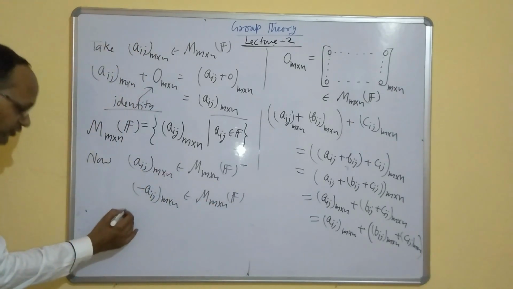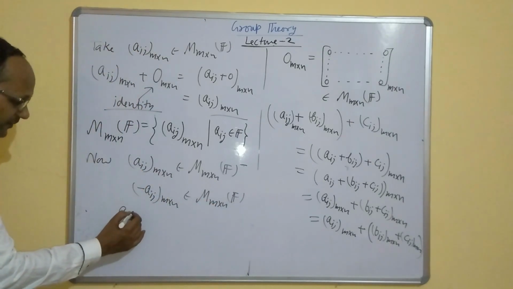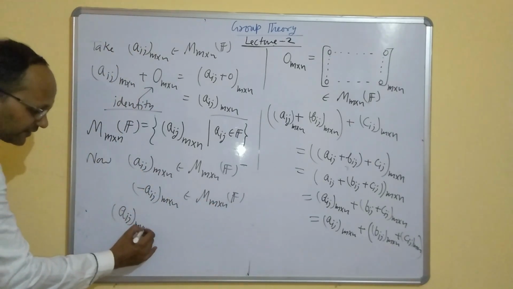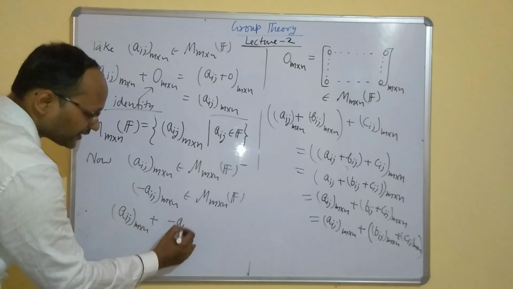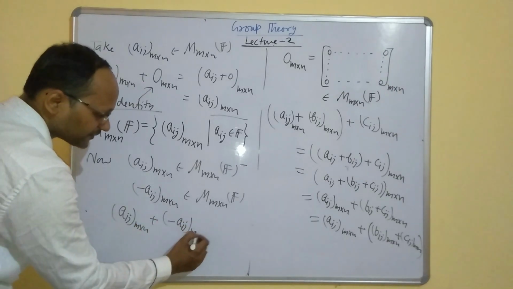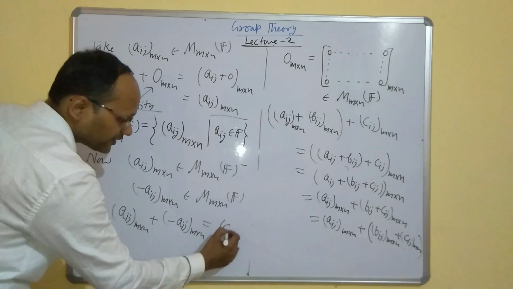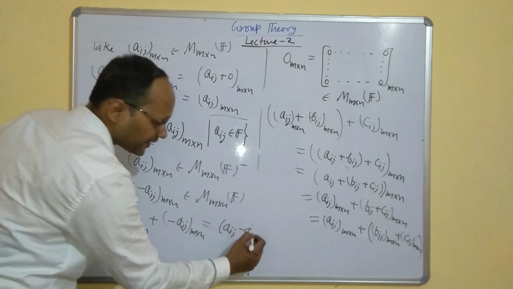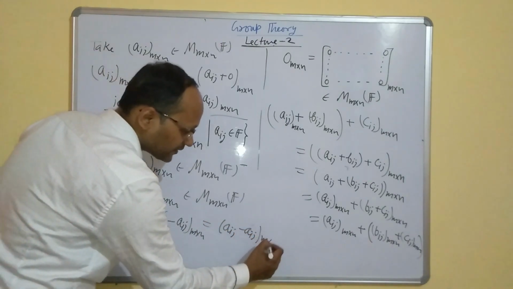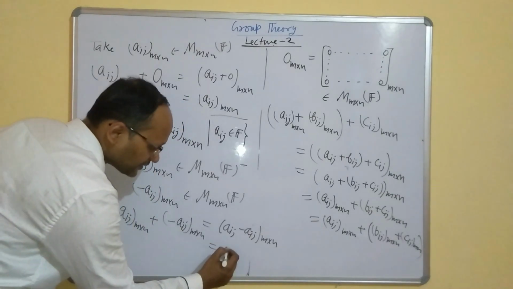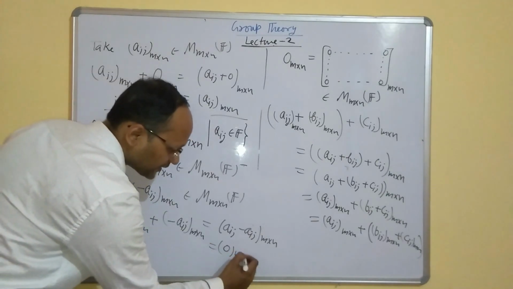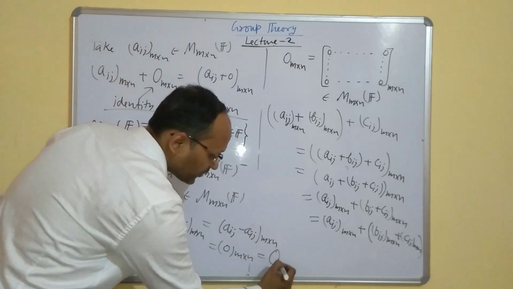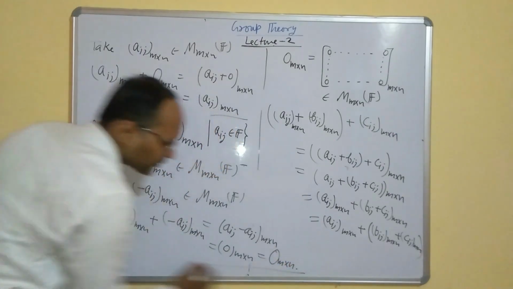And when we add these two matrices, A_ij, m cross n with minus of A_ij, m cross n, we will get A_ij minus A_ij, m cross n. So it means 0 of m cross n, that is nothing but the zero matrix of order m cross n.